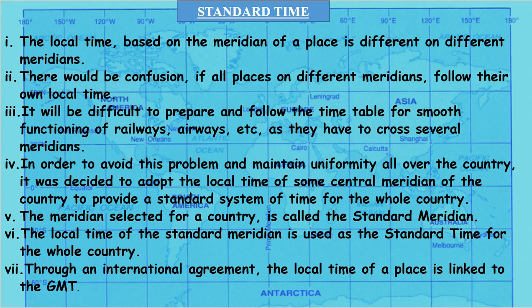So in order to avoid this problem and to maintain uniformity all over the country, it was decided to adopt the local time of some central meridian of the country to provide a standard system of time for the whole country.